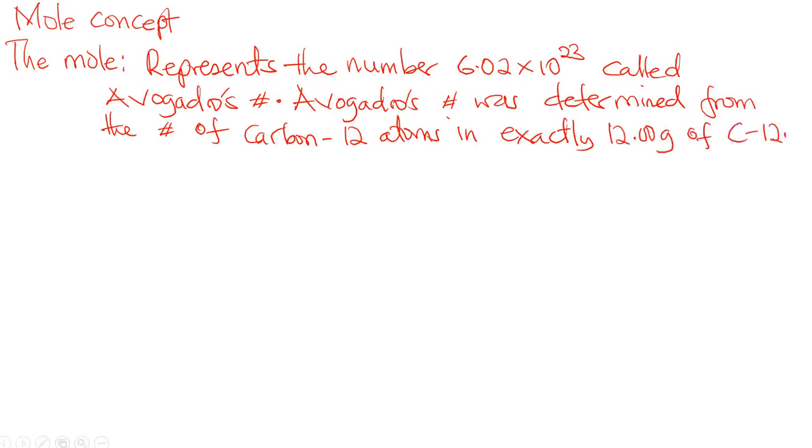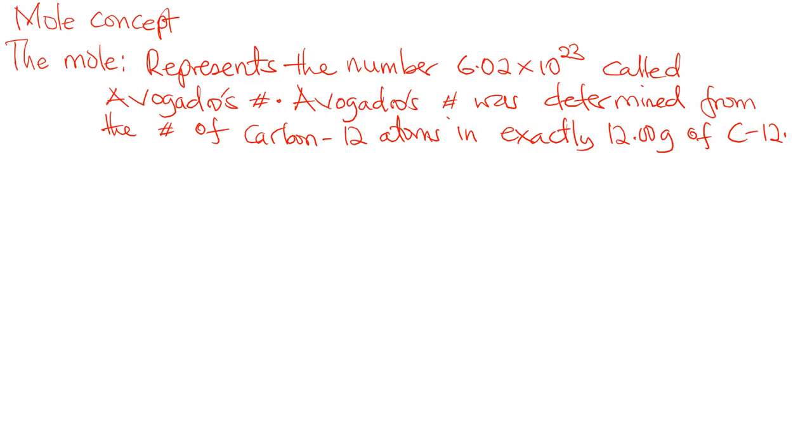So they took 12 grams of carbon 12 and then asked themselves how many atoms are in 12 grams of carbon 12. So they found 6.02 times 10 to the 23 atoms, and they called this number Avogadro's number.